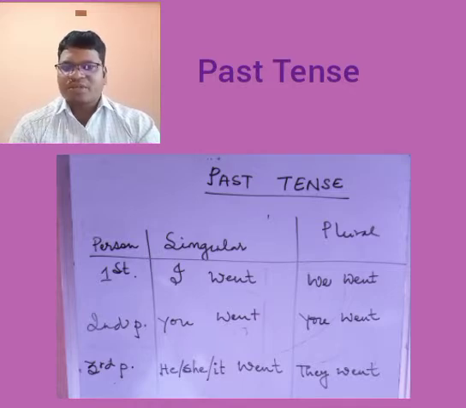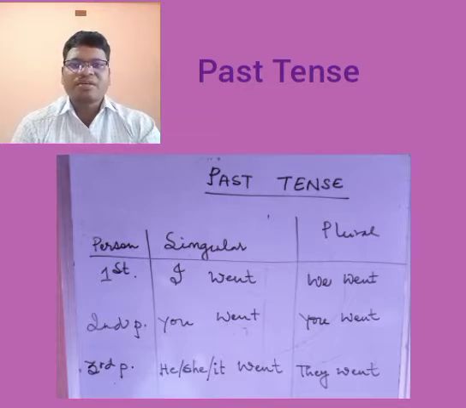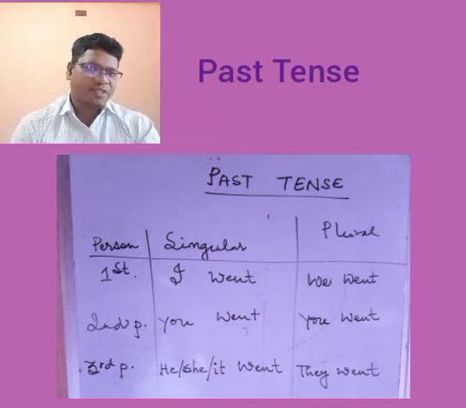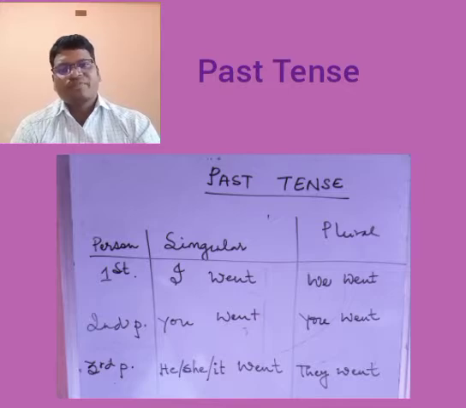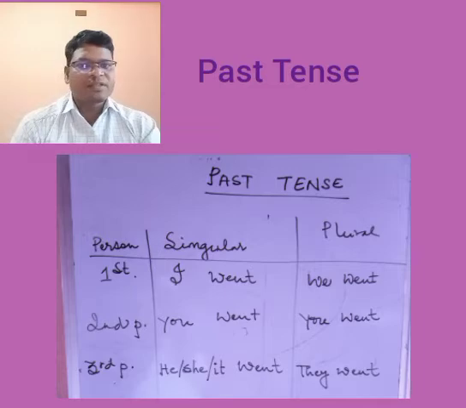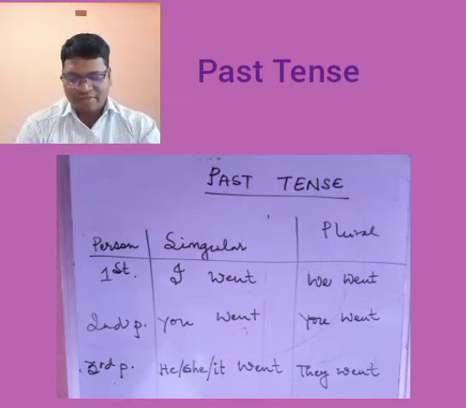Second person singular, you went. And second person plural, you went. And third person singular, he, she, it went. And the third person plural is they went. So this is the chart which you have to learn by heart.